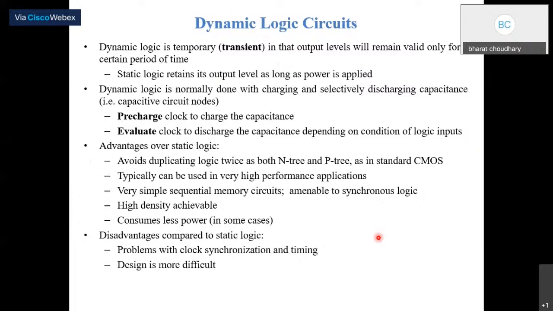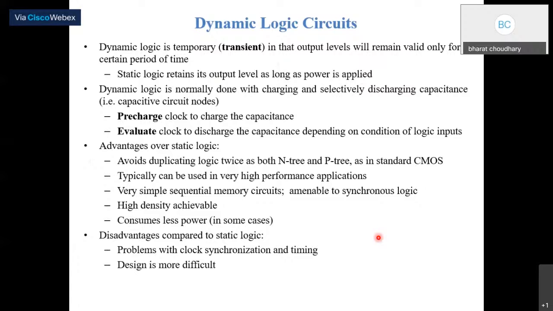Why? Because there is no requirement of a power source as we are withdrawing the power supply. The disadvantage compared to static logic is the problem with clock synchronization and timing, and it is very difficult to design such a type of circuit.